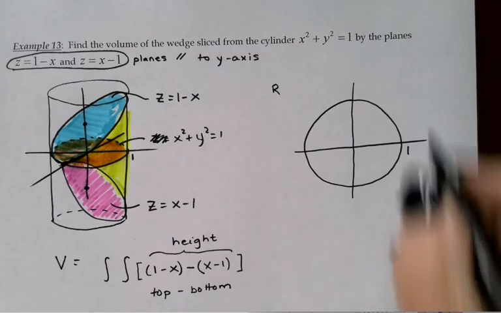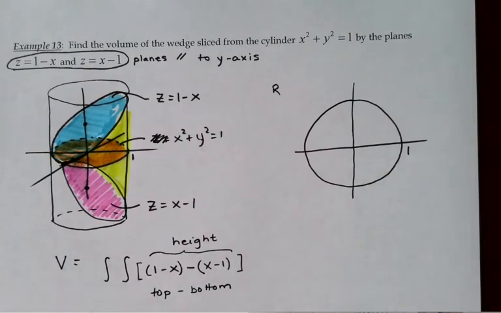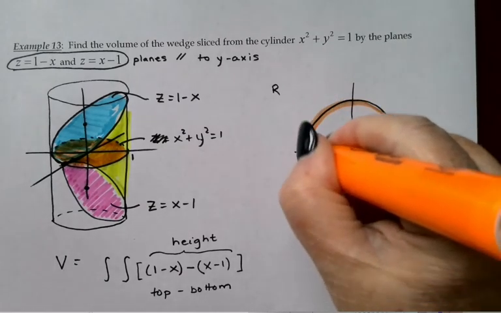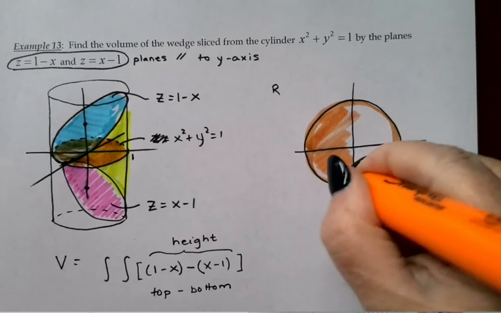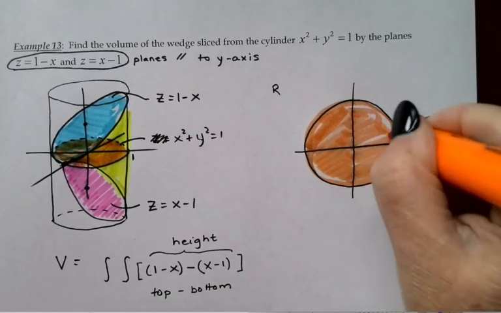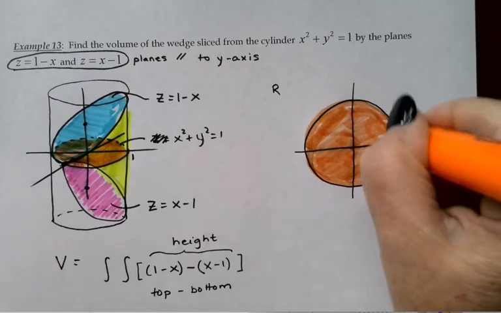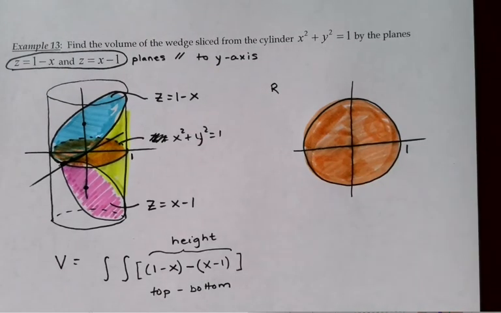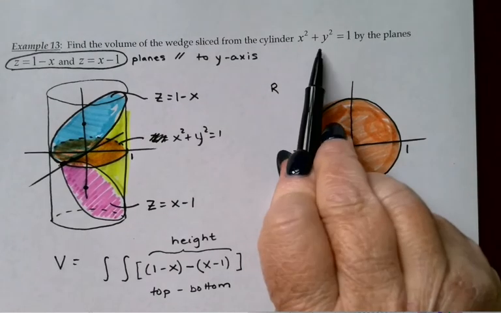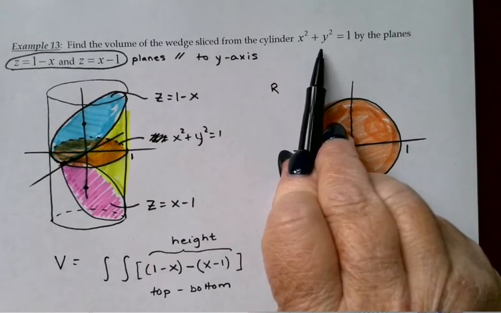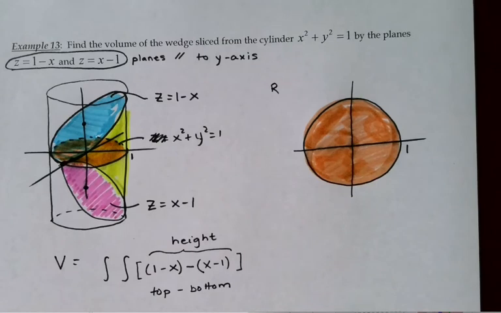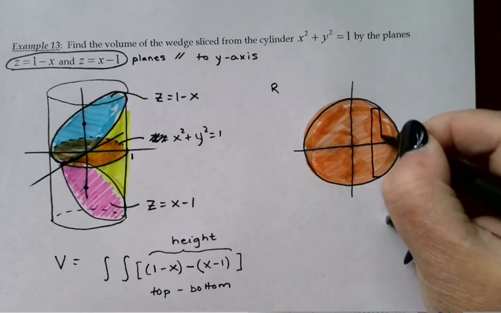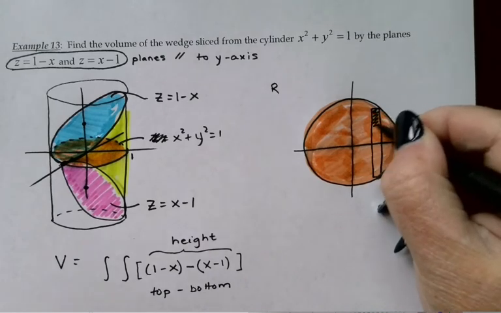So if I think of that as being my region R, and it is the whole thing, whether I go top to bottom or left to right isn't really going to matter. I'm going to have to solve this equation for either x or y. Either way, I'll just go ahead and do vertical rectangles again, meaning that I'll want to solve for y.